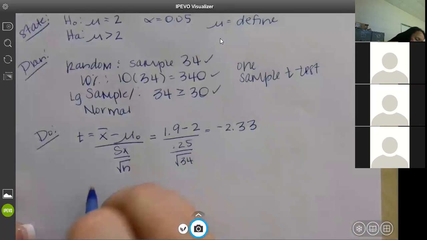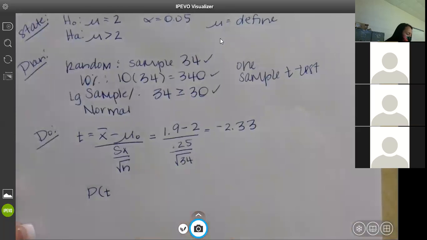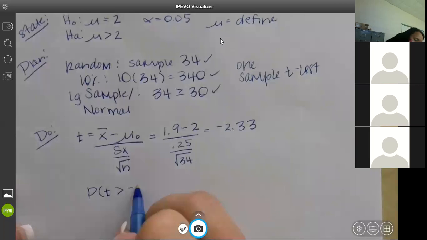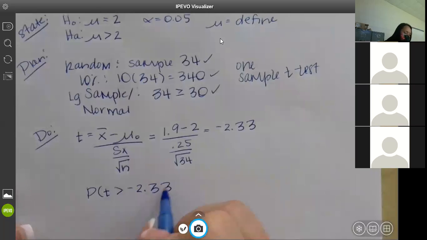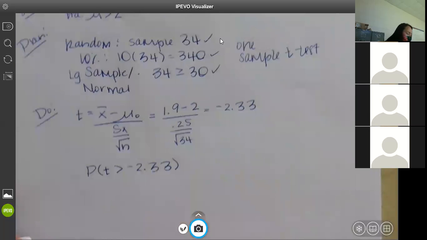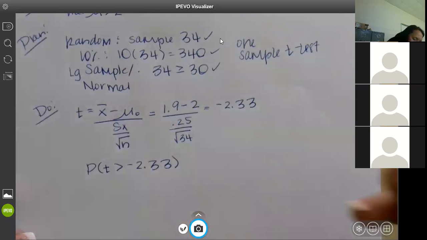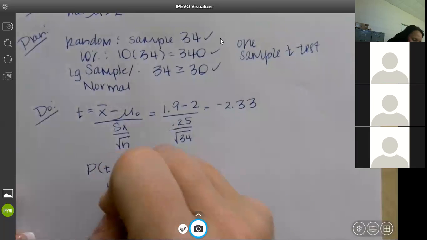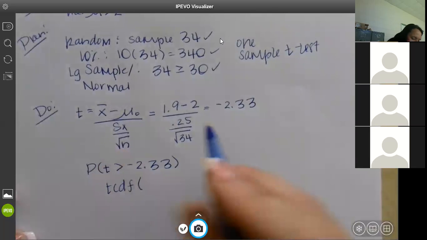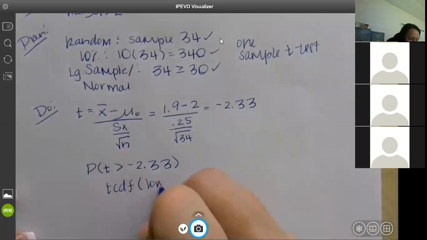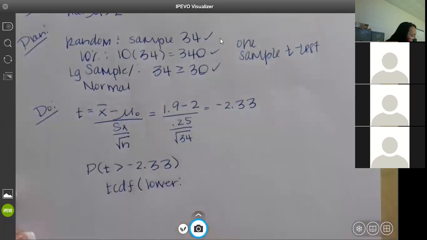So we're doing the probability that T is what? Greater than, because that's what our alternative said, negative 2.33. So we do TCDF. We do lower. What's our lower going to be?